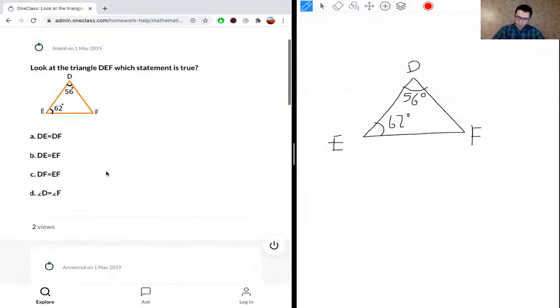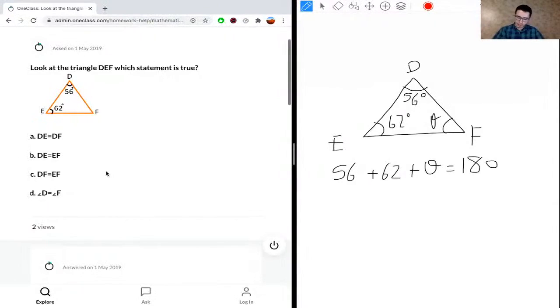And then we can fill out some of this information. There's an angle missing here. We'll call this theta. We can solve for this angle right away because for any triangle, the sum of all the angles, so 56 plus 62 plus theta, should equal 180 degrees.